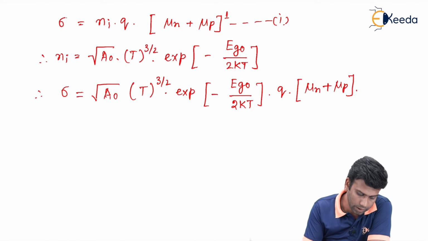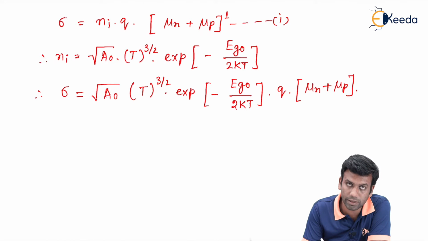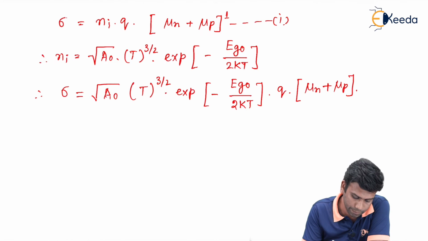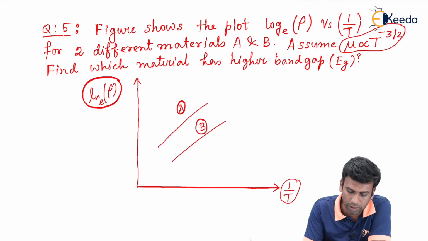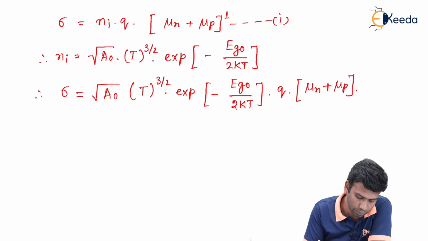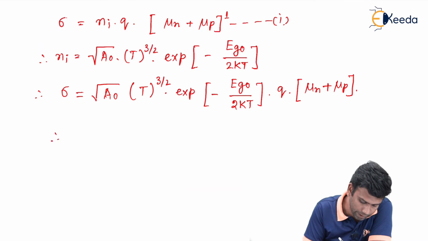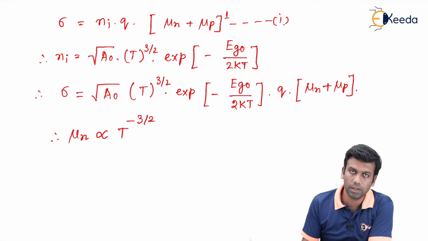Now the mobility of the carriers has been given, proportional to the temperature to the power minus 3 by 2. So the mobility for electrons will be proportional to T to the power minus 3 by 2.